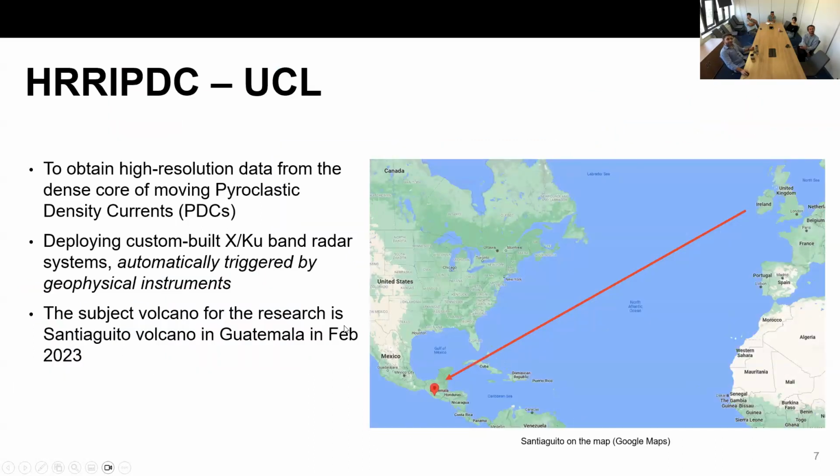And our role in this project is to obtain high resolution data by deploying a custom-built system, which has an automatic trigger function. And the subject volcano for this project is the volcano Santiaguito in Guatemala, as it is quite an active volcano.